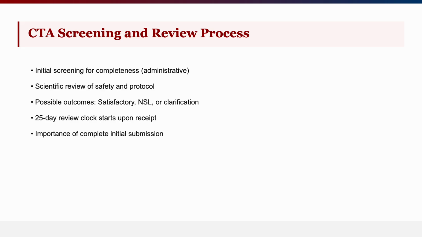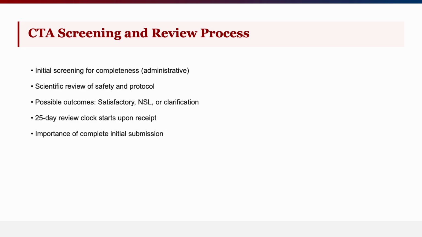A not satisfactory letter, or NSL, means significant deficiencies were identified and authorization is refused. You may also receive requests for clarification or additional information. The 25-day review clock starts when Health Canada receives your submission. Any time spent waiting for sponsor responses to clarification requests typically stops the clock, so prompt responses are essential.